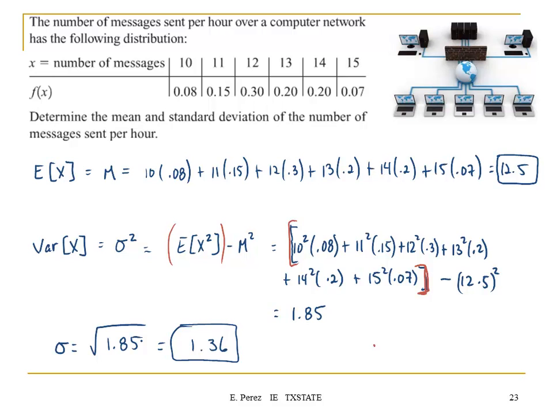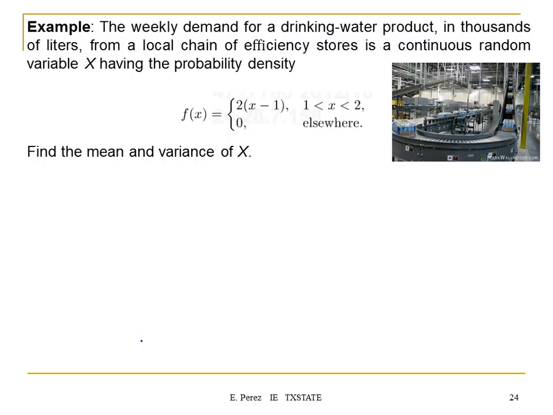Okay, so let's look at the case in which you have a continuous random variable, which is this problem. Here, the weekly demand for a drinking water product, in thousands of liters, for a local chain of convenience stores is a continuous random variable x having this probability density function.